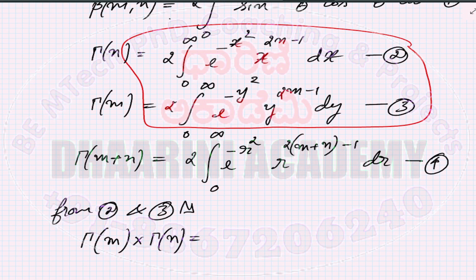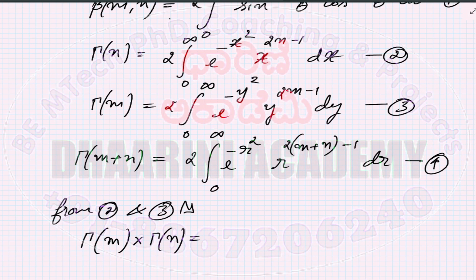So there is a 2 into 2, that is 4. There are two integrals, both varying from 0 to infinity.